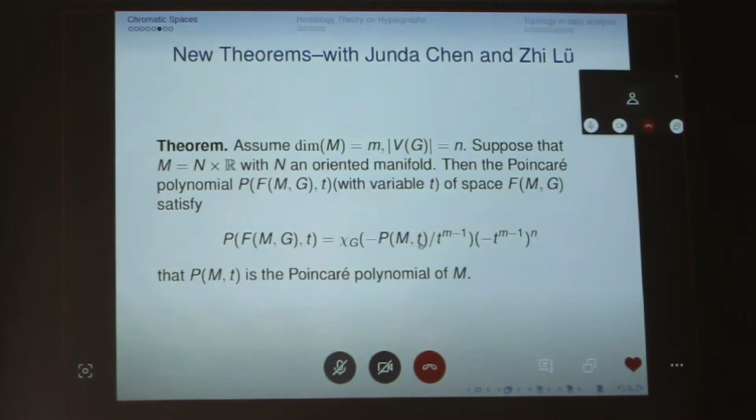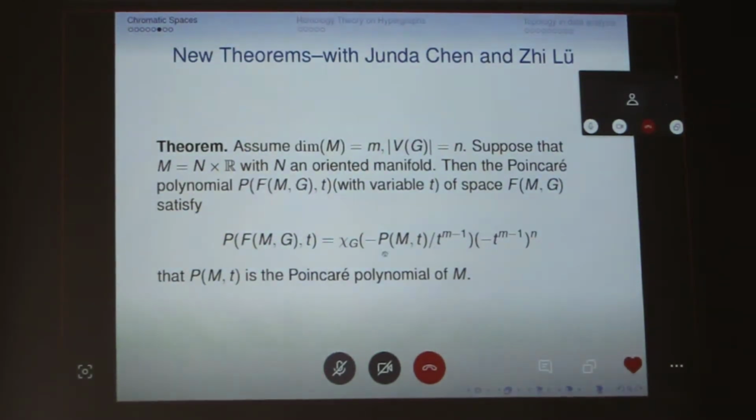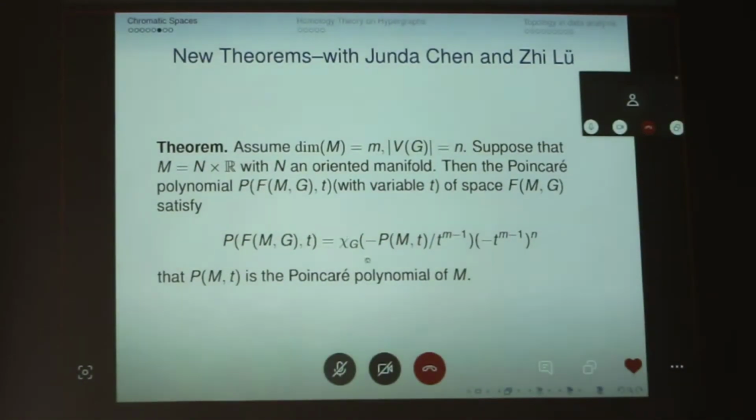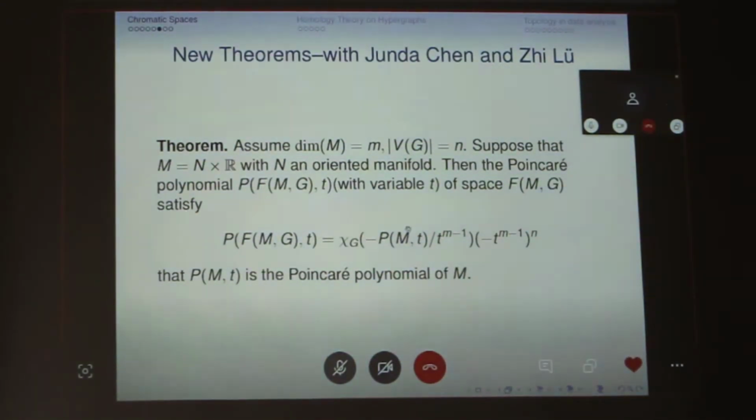The variable is t, divided by t to the n minus 1, and insert this geometric polynomial. Then multiply by another term, minus 1 to the n minus 1 to n, and then it comes out to be the quantity.